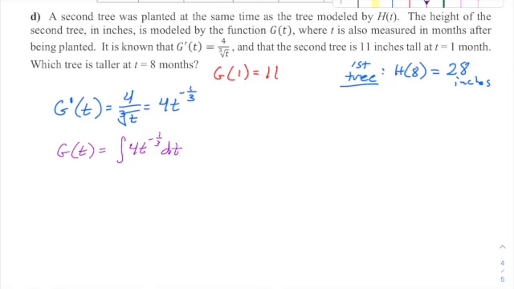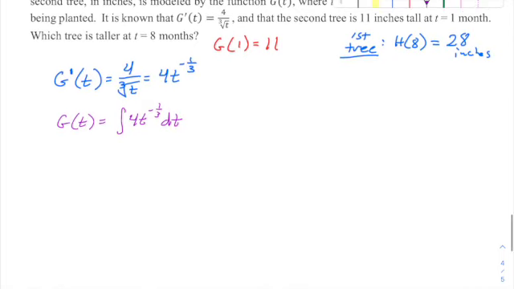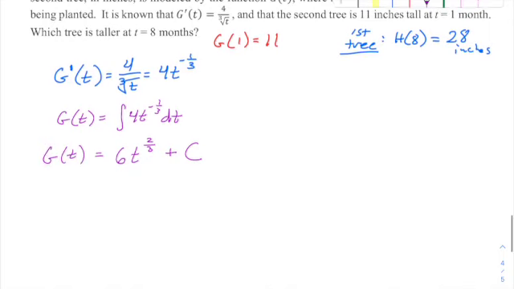Always try to use proper notation. And now this is a pretty straightforward power rule. So add 1 to the exponent, and that becomes t to the 2/3, and now divide by 2/3 or multiply by 3/2, and that will give you 6t to the 2/3. But this is an indefinite integral, so do not forget about your plus c, that potential constant on the end.